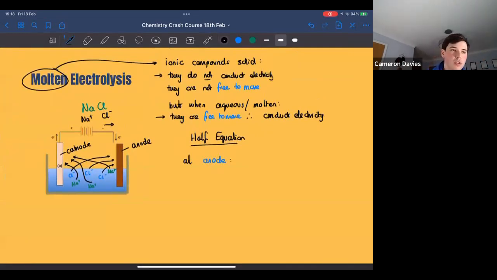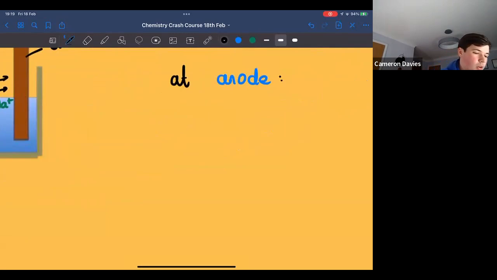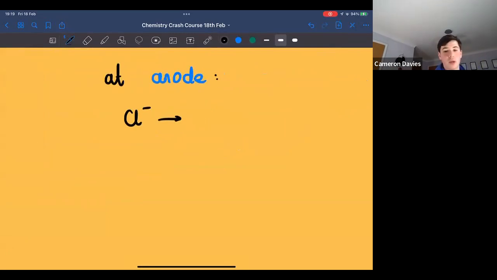So at the anode, we've got the chloride ions. The chloride ions have moved to the anode, and so now we're going to produce chlorine. So we've got chloride ions, and they are going to gain an electron to produce chlorine.